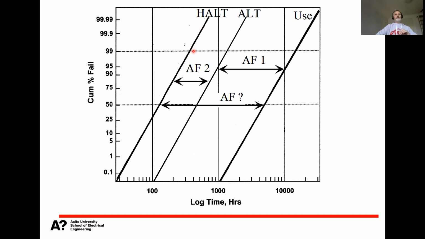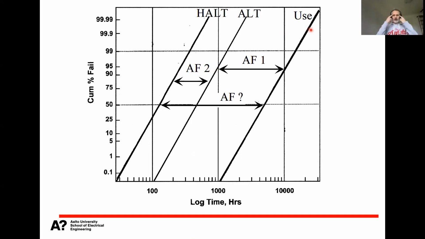Now if the failure mechanisms are identical, meaning that the slopes of these curves are identical, so that the Weibull beta parameter is identical, then we could calculate the use lifetime based on the HALT results if we just sum up these acceleration factors. So here, in fact, multiply. Here was an acceleration factor of 10, and here an acceleration factor of 360. So we have 3,600 as the acceleration factor from HALT testing to use conditions.